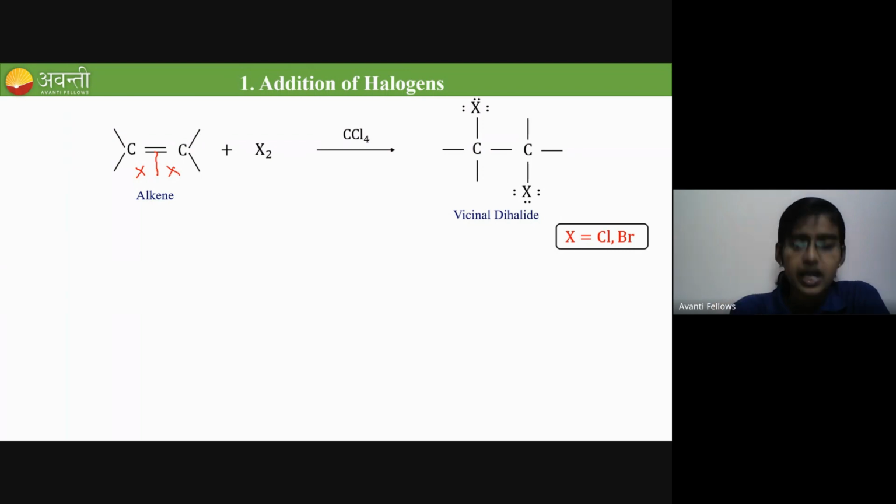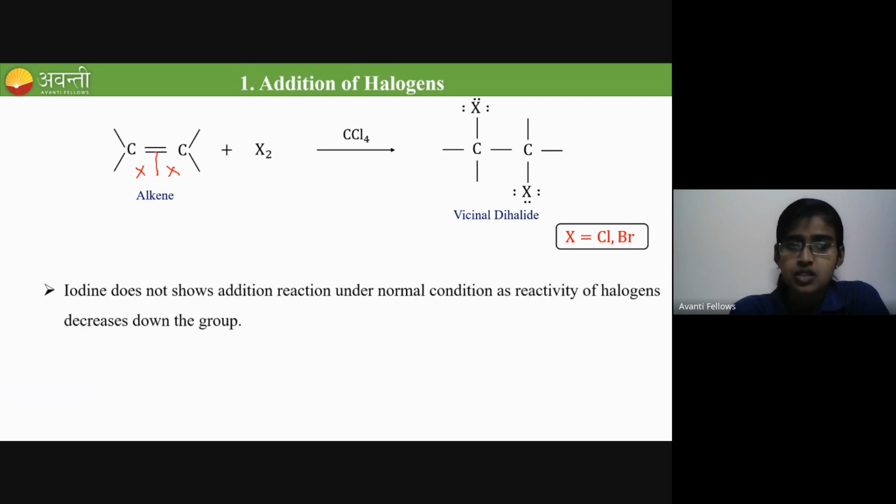And coming to iodine, iodine containing reactions are very, very slow. Okay. Under normal condition, the product will not form so easily. So iodine does not show the addition reaction under normal condition because the reactivity of halogens decreases down the group.